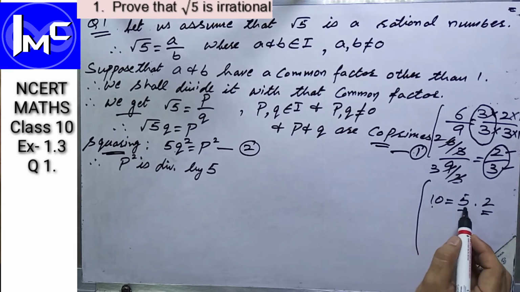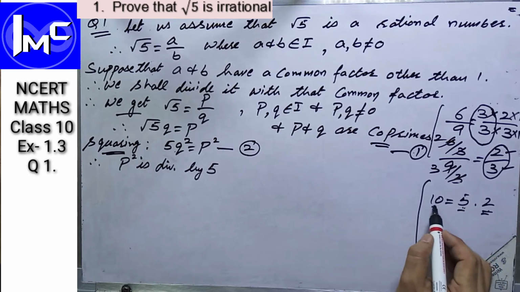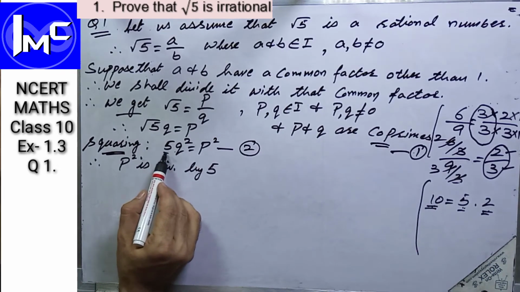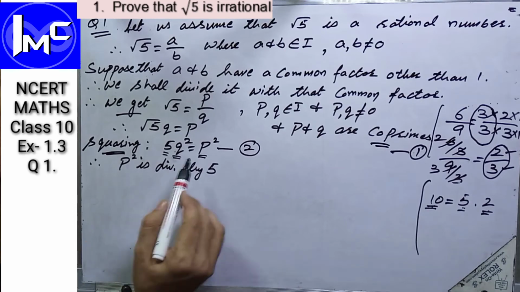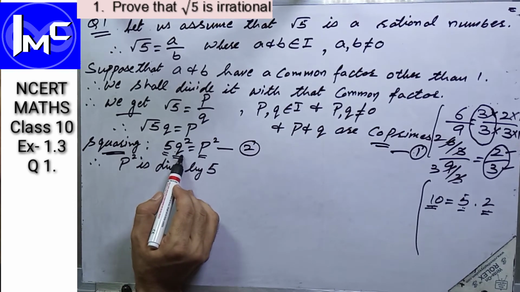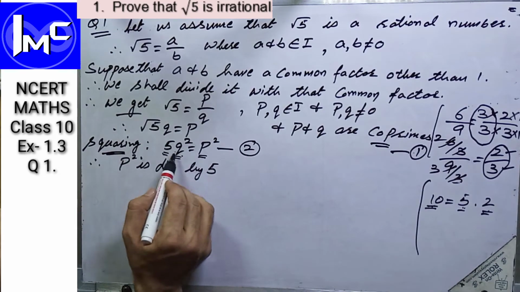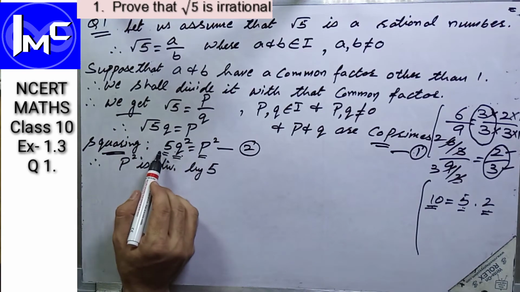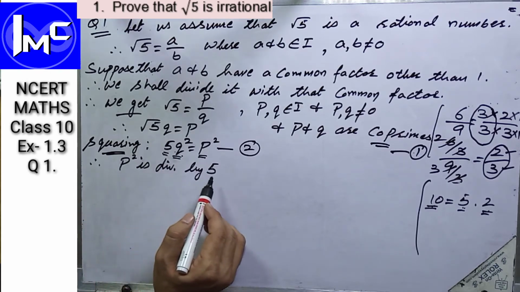So 5 and 2 both will divide 10 because they are the factors of this number. In the same way, 5 and q square are the factors of p square. So p square will be divided by 5 as well as q square. But we need here only 5. We shall not take q square. We need only 5. So we will take p square is divisible by 5.